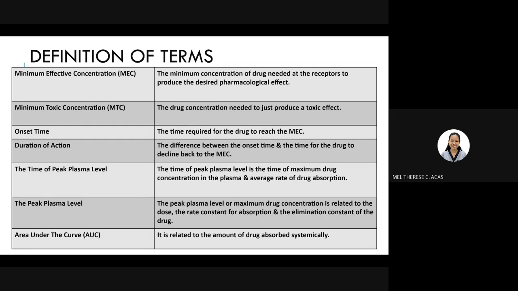The onset of action is the time required for the drug to take its effect, or reach its minimum effective concentration. Next is the duration of action. The duration of action is the onset time until the time the drug declines back to its minimum concentration.